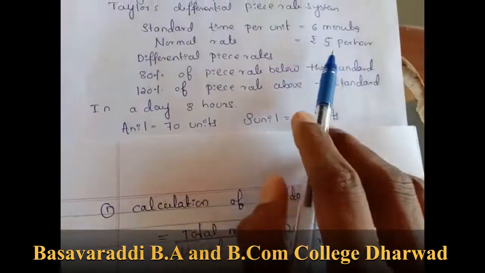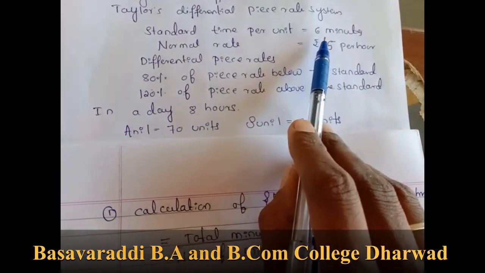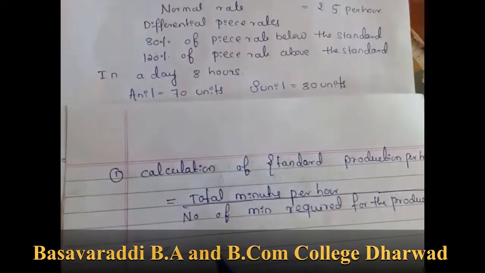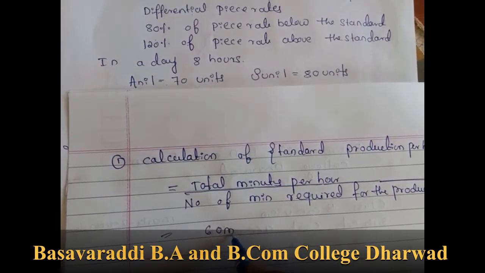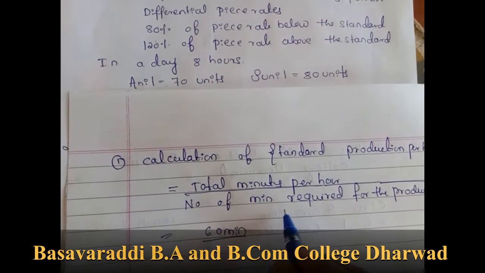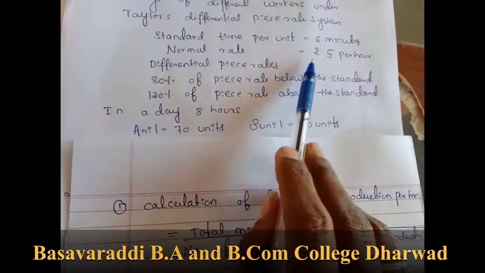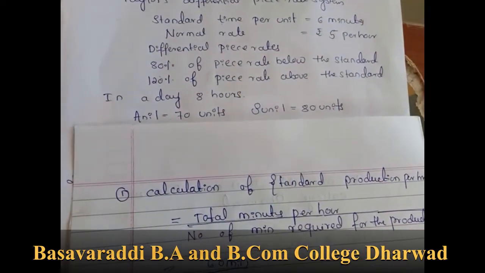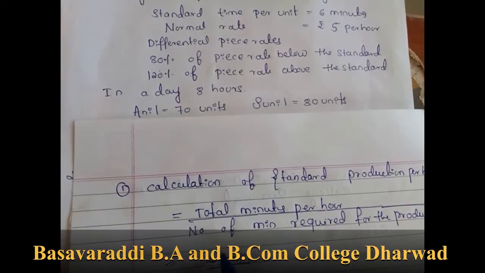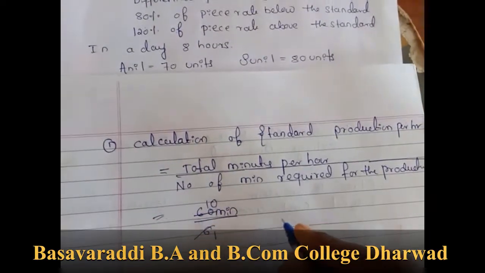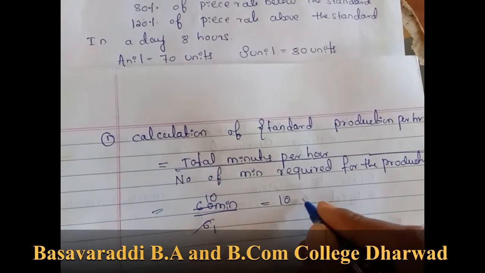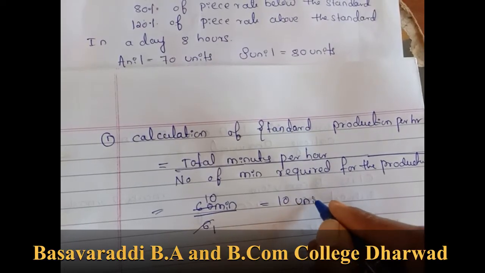Total minutes is 60 minutes, divided by number of minutes required for the production, which is 6. 6 ones are 6, 6 tens are 60. So 10 units per hour.